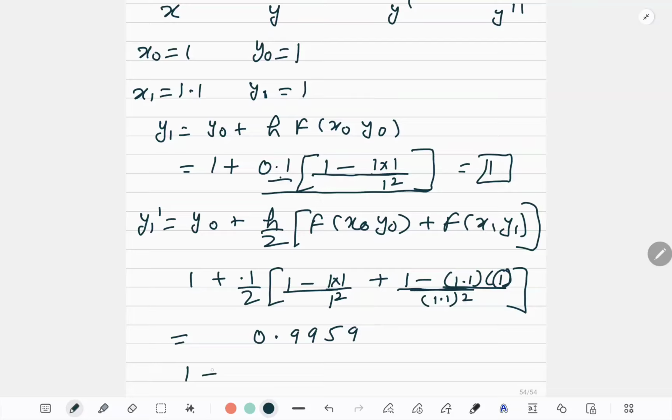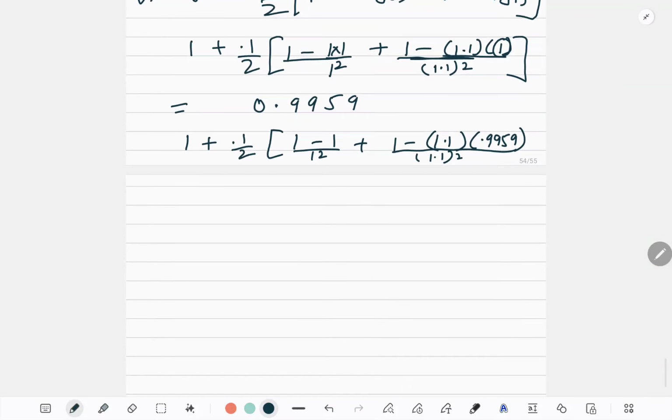So this will be 1 plus 0.1 upon 2, (1 minus 1 upon 1 square) plus (1 minus 1.1 times 0.9959) upon 1.1 square. Right? So this will give you 0.99605. So your final answer will be 0.99605. This is how you have to do the questions.